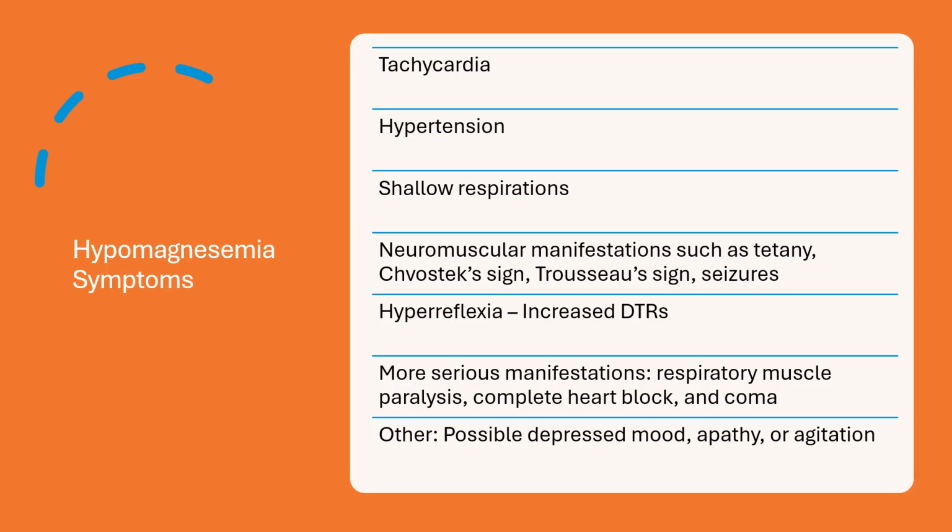Some of your symptoms are going to be things like tachycardia, hypertension, shallow respirations, neuromuscular manifestations such as tetany, Chvostek's sign, seizures, hyperreflexia. More serious manifestations are going to be things like respiratory muscle paralysis, complete heart block, and coma. Others can be possible depression, apathy, or agitation.